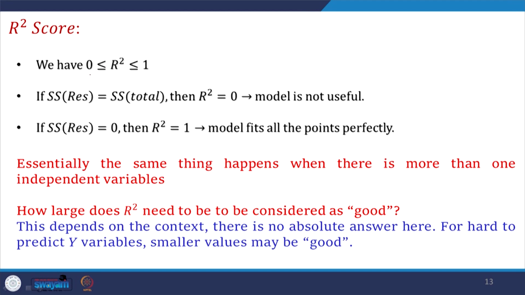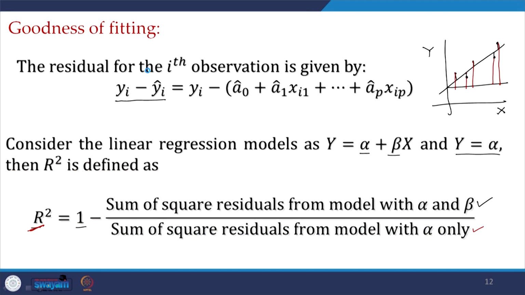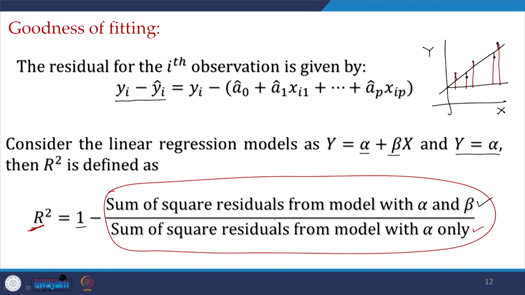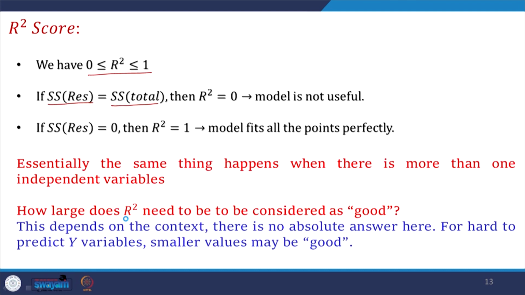Now, it is very much clear that R square will be between 0 and 1, because this fractional part will always be between 0 and 1. If the sums of square of residuals, means numerator and denominator, are both equal, then the value of this fraction will be 1. So, 1 minus 1 is 0, R square will be 0, and then the model is not useful.